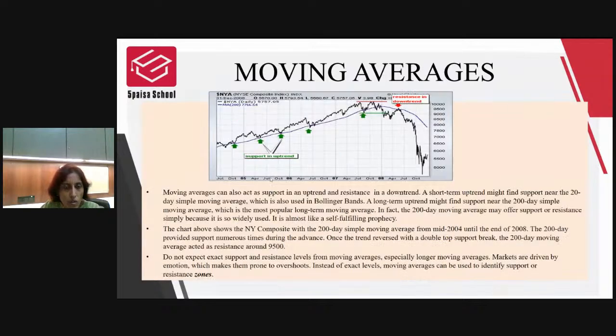Moving averages also highlight support and resistance. As you can see, this particular moving average is flattish for a considerable period of time and it's below the prices.